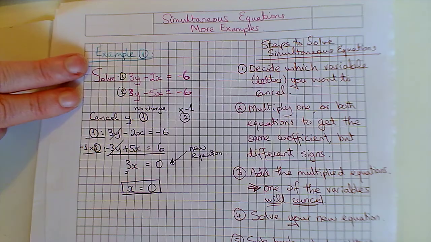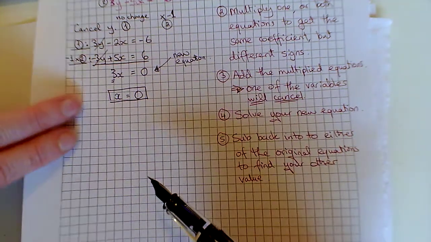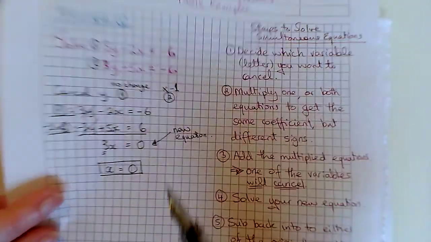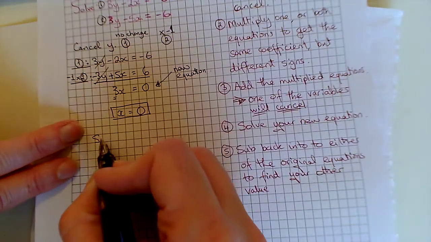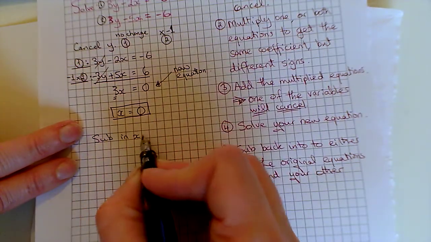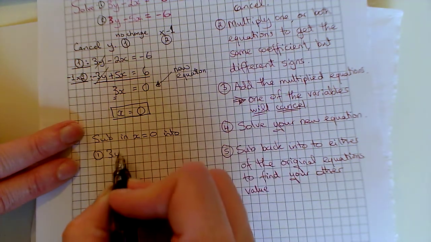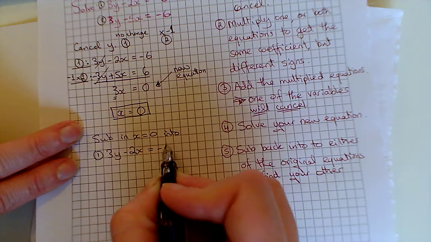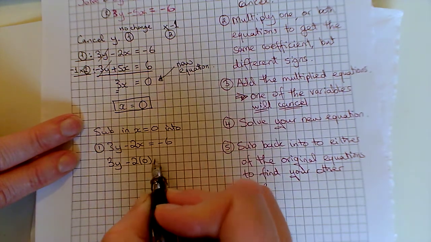So my last step then is to substitute back into either one of my original equations. And it doesn't matter which one I choose. I can choose 1 or 2. Usually it's as easy to choose equation 1. So I'm going to sub in x equal to 0 into equation 1, which was 3y minus 2x equal to minus 6, which gives me 3y minus 2 by 0.